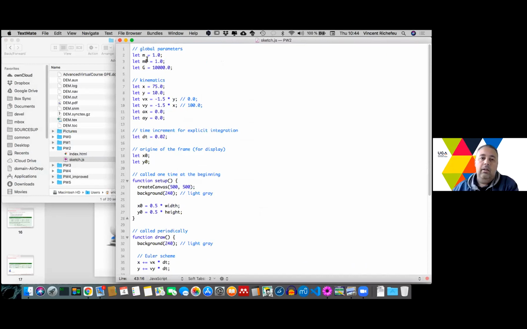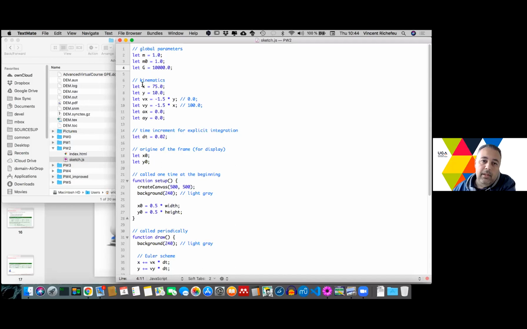So here in this example, we've got a mass for my planet. This is a fake value. I put 1 just for the example. M0 is the mass of the sun, the mass which is fixed, 1 also. And the gravity constant is set to 10,000 here. I don't know why. They are fake values.